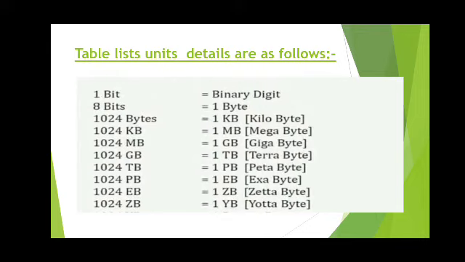And 8 bits equal 1 byte, that is what I told you. 1024 bytes is 1 KB, that means kilobyte, and 1024 KB equals 1 MB, that is megabyte, and 1024 MB equals 1 GB, that is gigabyte. 1024 GB equals 1 TB, that is terabyte. 1024 TB equals 1 PB, that is petabyte. 1024 PB equals 1 EB, that is exabyte. 1024 EB equals 1 ZB, that is zettabyte. And 1024 ZB equals 1 yottabyte.